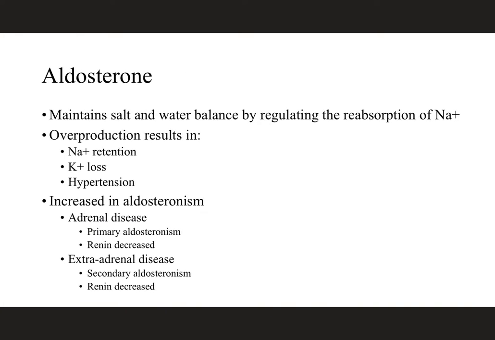I'm not going to go super in-depth over aldosterone because I feel like we've talked about that quite a bit. Just remember, I mentioned earlier that this one is a mineral corticosteroid. It helps maintain salt and water balance.